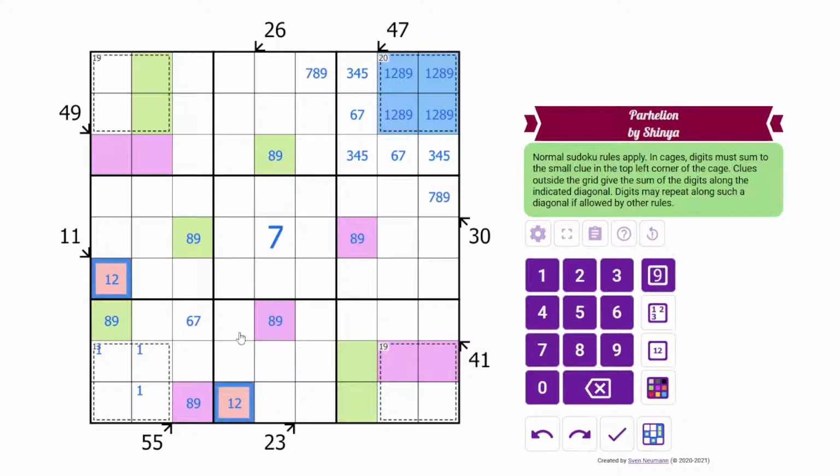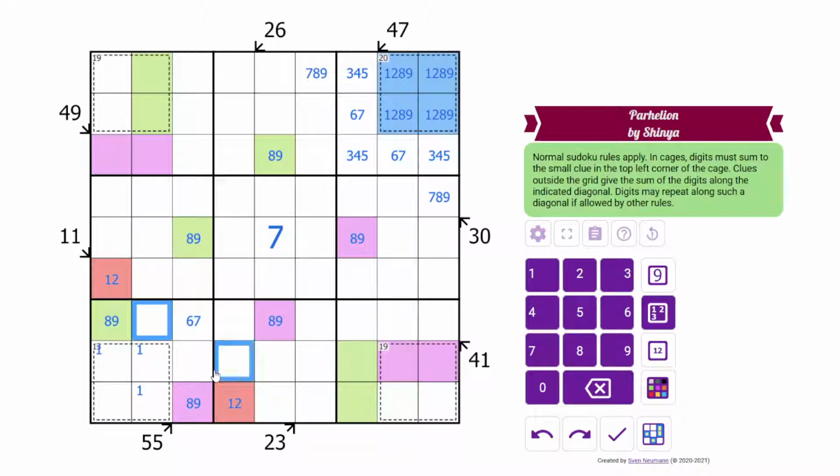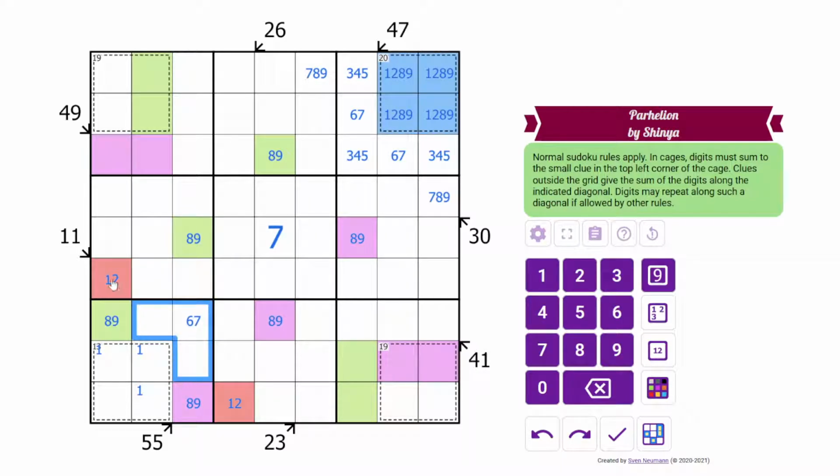I'm gonna come back to this. If those are both ones, does anything bad happen? These add to 9. Which means this adds to 6.